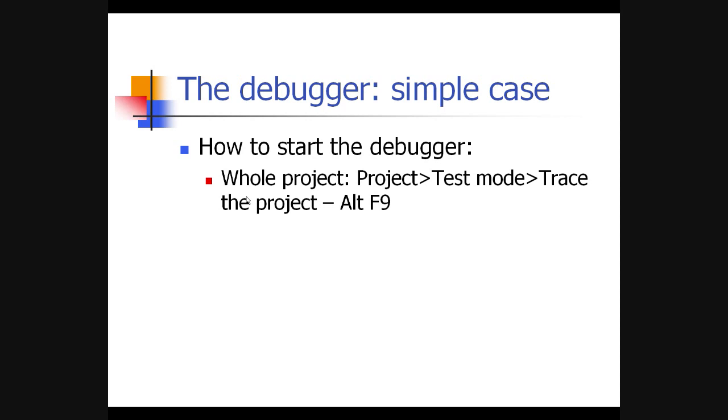Of course, this has limited use because most of the time you don't want to inspect and debug your project initialization code, so you want to debug only something that is much further in the code, and you don't want to have to read all that line by line.